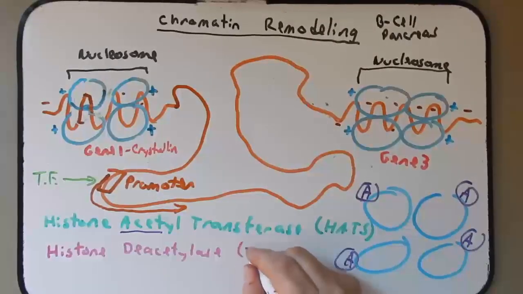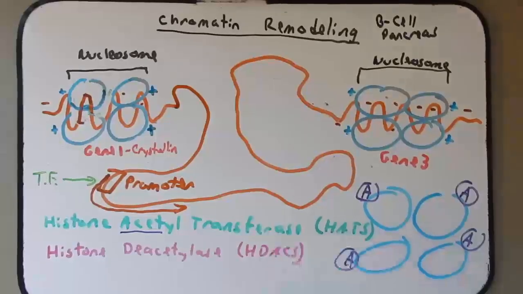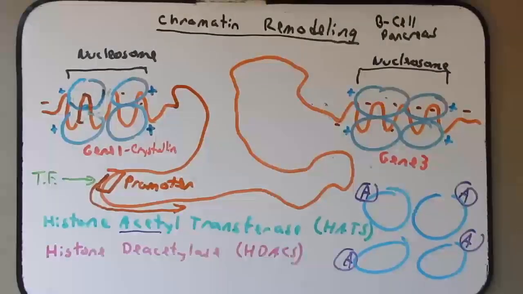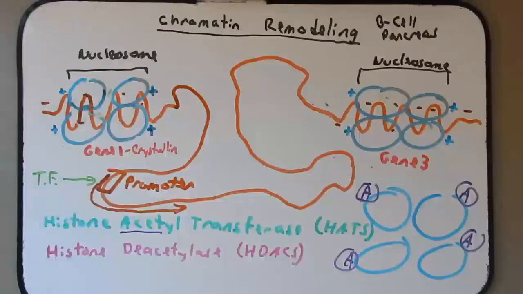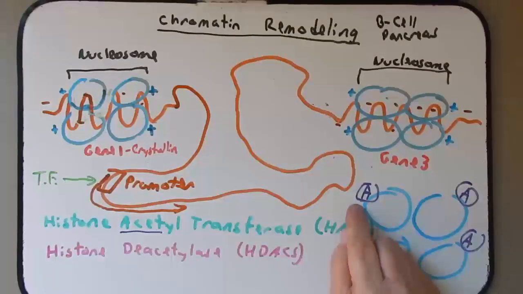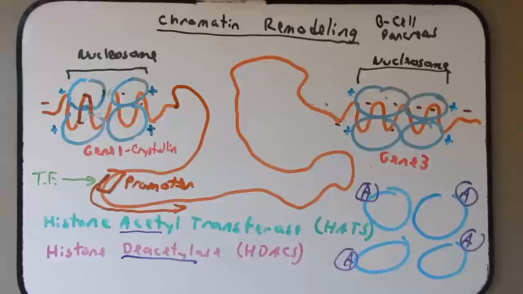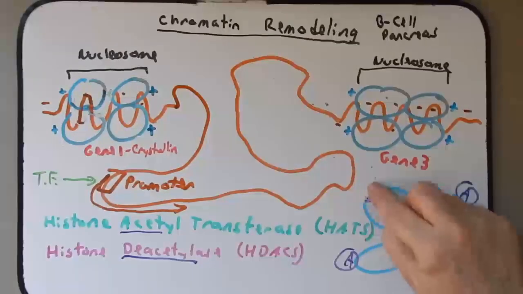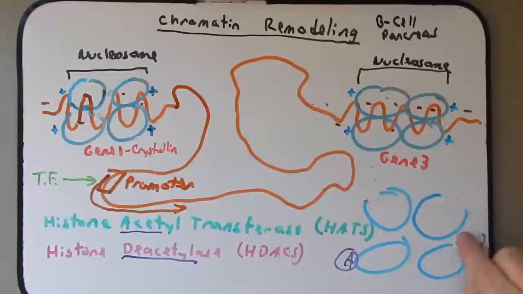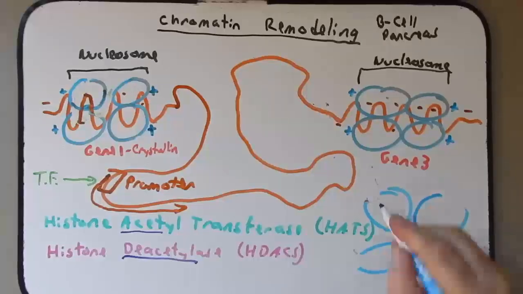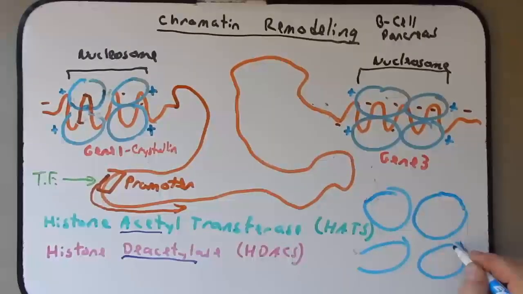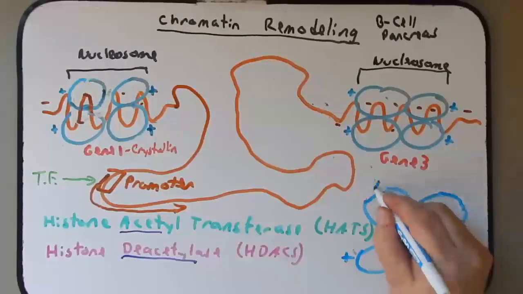And we often call these HDACs. And what these HDACs do is they'll come along here and remove the acetyl group, as the name might imply, deacetylase. So it removes these acetyl groups. So let's remove these acetyl groups. And now that positive charge on these histones is once again exposed.